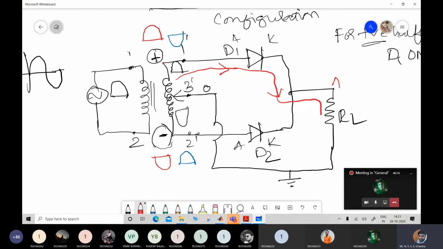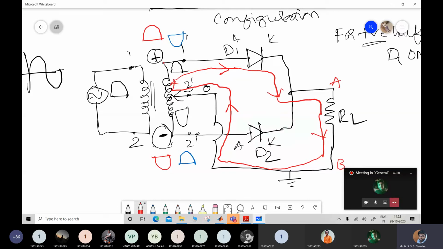So let this terminal be terminal A, this terminal be terminal B. The current will flow like this, and then it will come to the center of the transformer. Okay, so this is your complete circuit. So what's the direction of the current flow in the load resistor, from A to B or B to A? Please tell me. A to B, right?